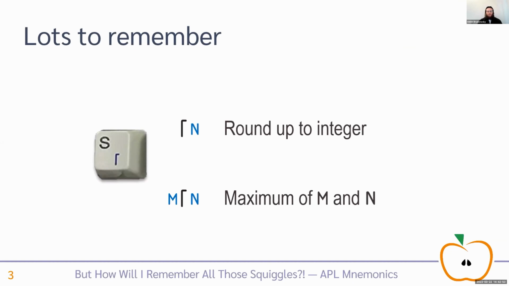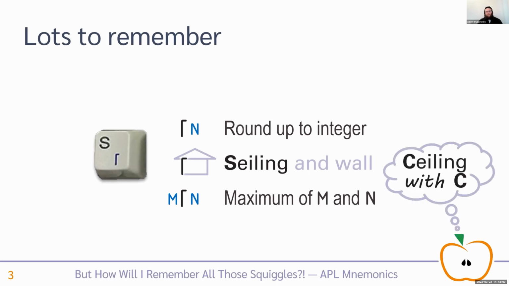And so the way to remember this Upstile is on S is because it's ceiling. So think of a house, you've got a wall there, and you've got a piece of the ceiling that's going up. You're going to look up at the ceiling. And of course, you're going to say, yeah, ceiling is spelled with a C, even though it's pronounced like an S. So why isn't it on C?